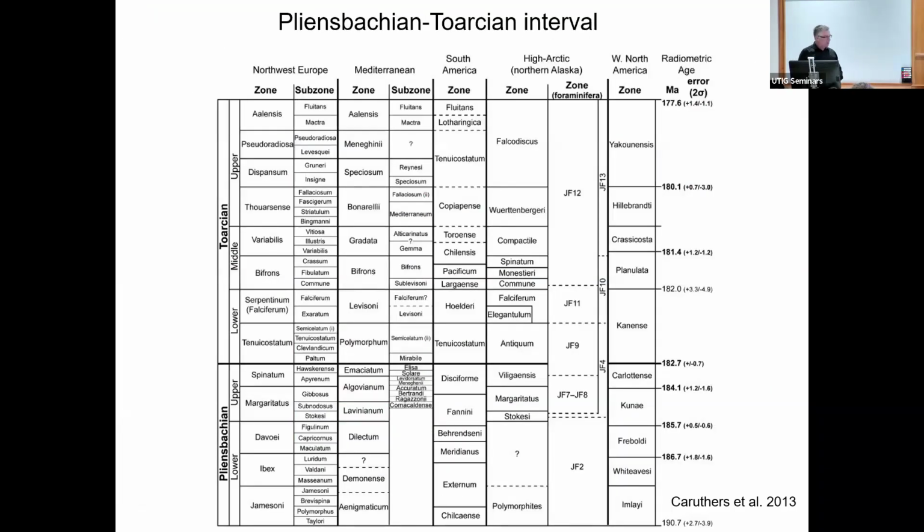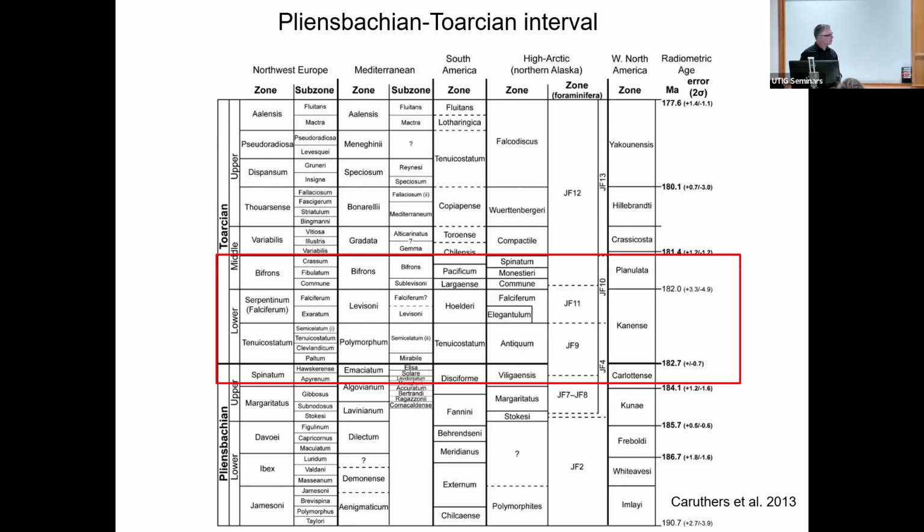And as for pretty much all of the Jurassic, the time periods within it are separated using ammonite biozones. This biozonation is about as good as you can get in terms of defining different time periods. Ammonite biozones in the Jurassic are something in the order of 1 million years in length.